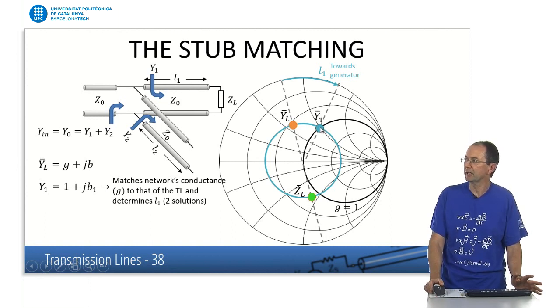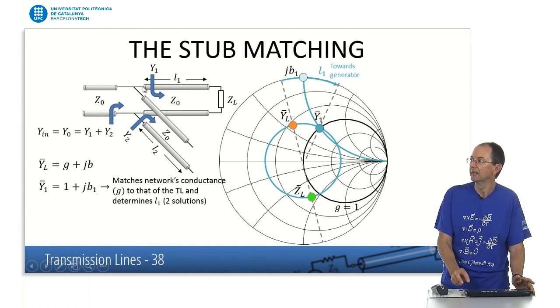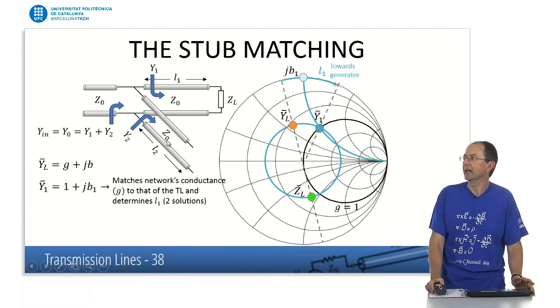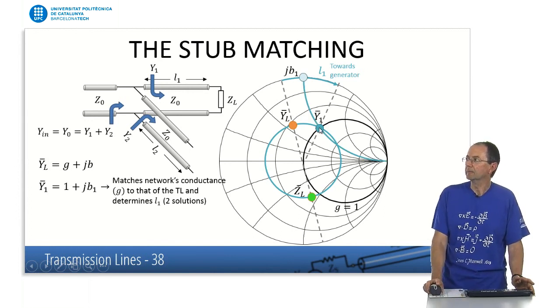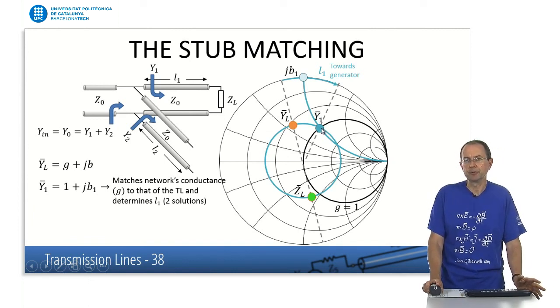Okay, we start here. We are at the real part of our admittance value at this particular point, the input of the L1 section of line. Now, what is the situation? From the reflection coefficient point of view, we are in the same situation as before.